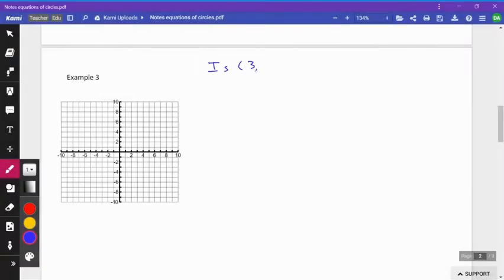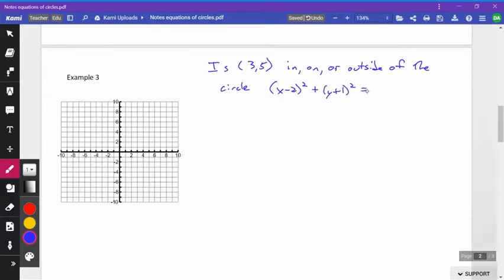Is the point 3, 5 in, on, or outside of the circle? And we'll say this is the circle: x minus 2 squared plus y plus 1 squared is going to equal 36.